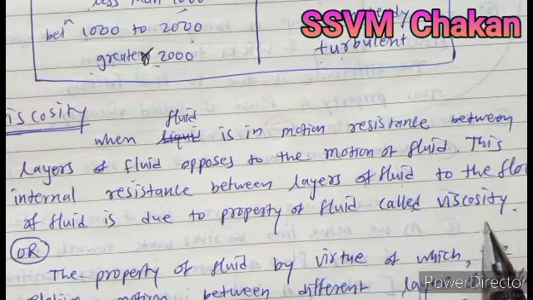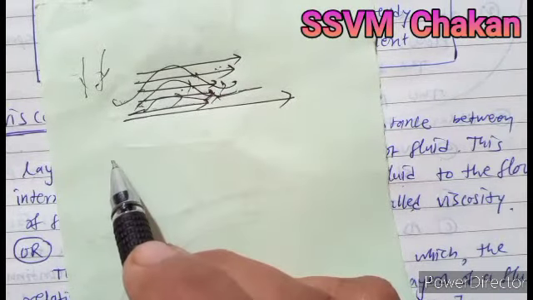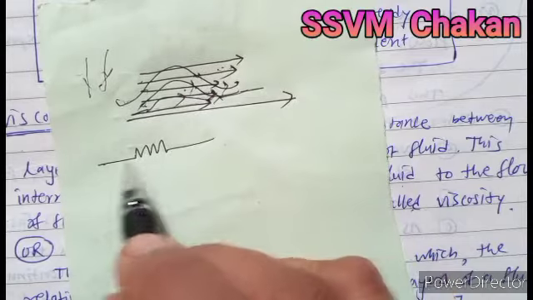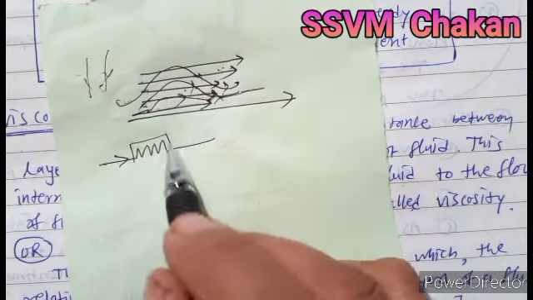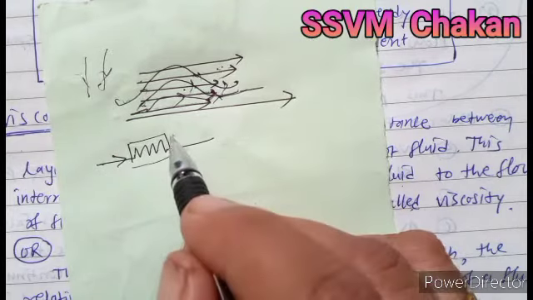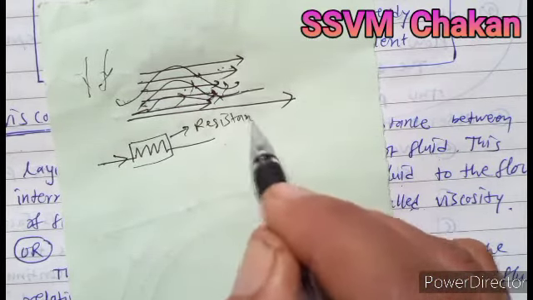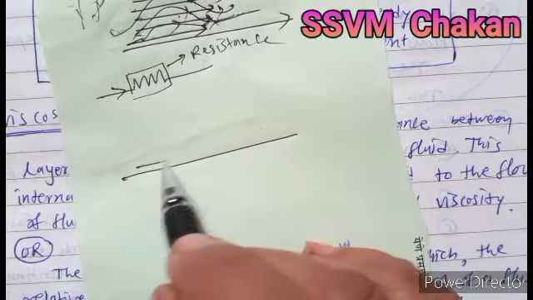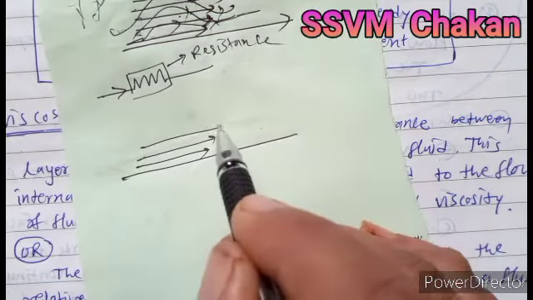It is similar to resistance in electricity. When current passes through a material, the material opposes the flow of current, and that opposition we call resistance. Similarly, when the liquid starts moving, each layer opposes the other layer.